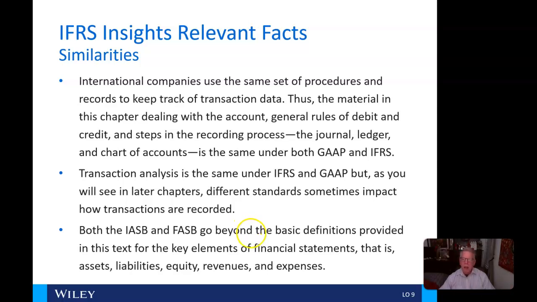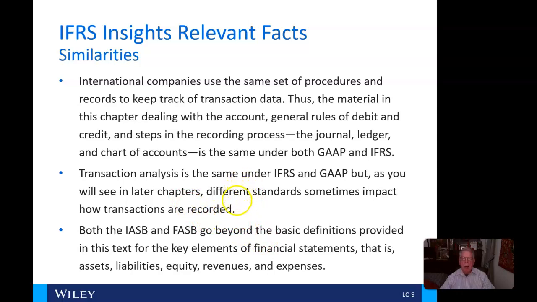So we're trying to get to one statement of standards, and that's called convergence. But to date, they are two separate accounting systems, making it a little more difficult for our multinational companies to operate under the same plan here.